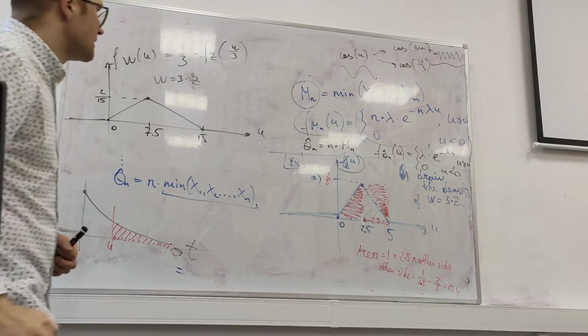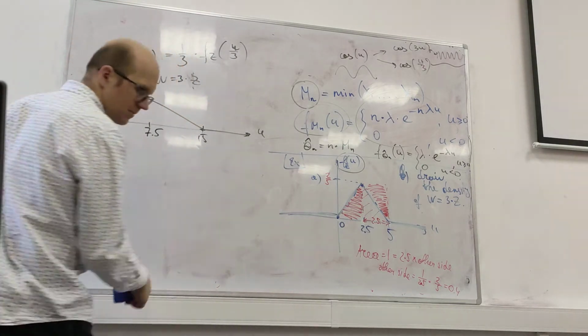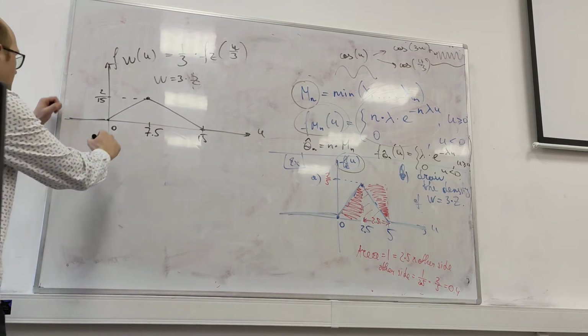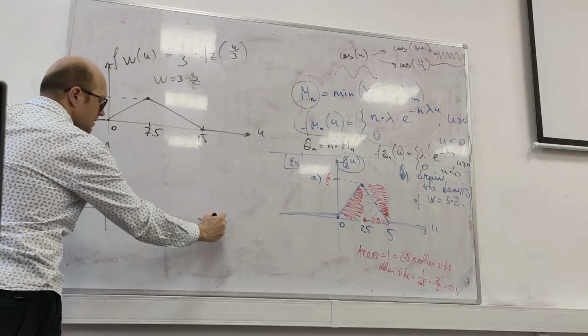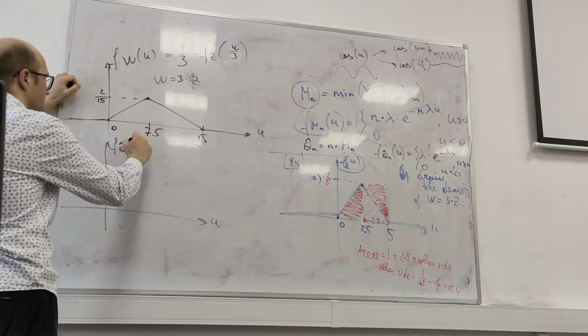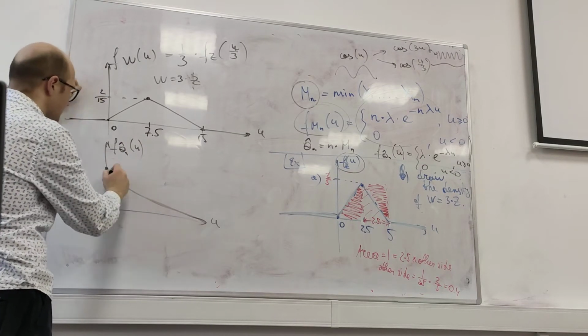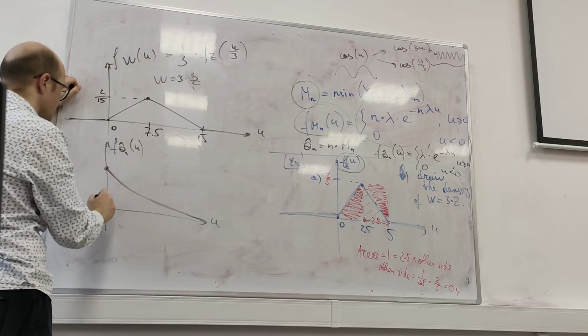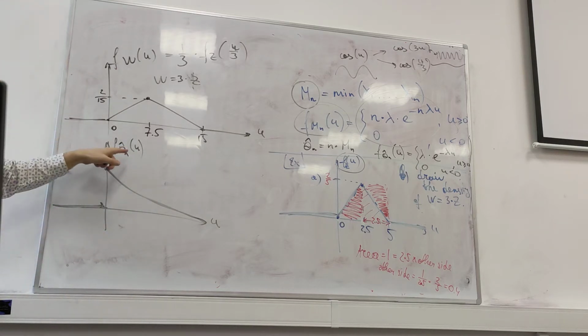And now we can check the consistency. So what have we obtained? This is u. This is the density function of our estimator, and it does not depend on n.